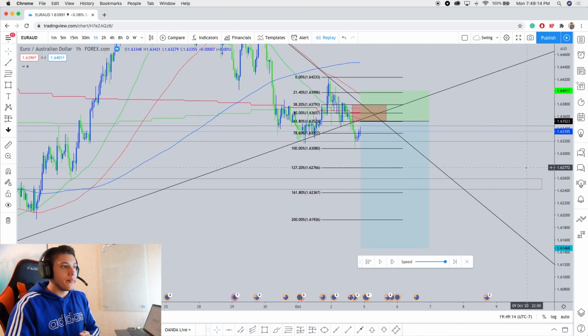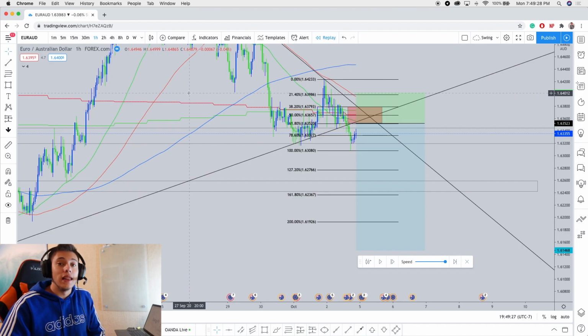Unfortunately, it did not really work out. Not because of the Australian dollar, which actually performed as expected. Really, it came on the euro side. We got blindsided.